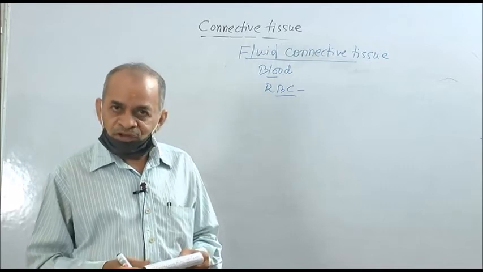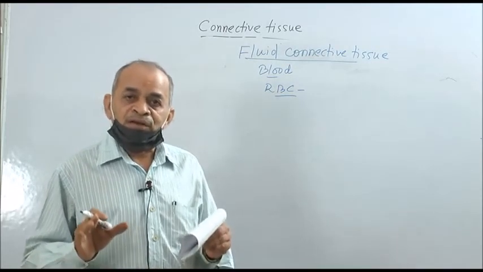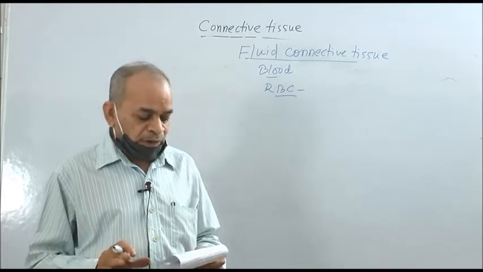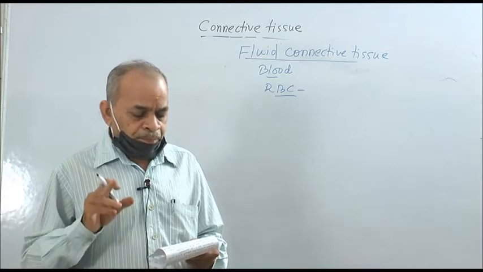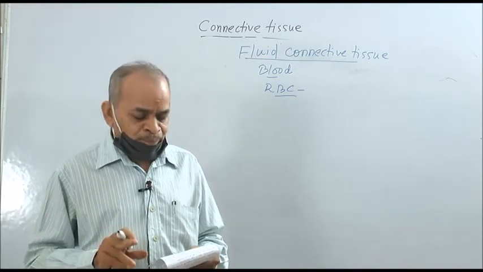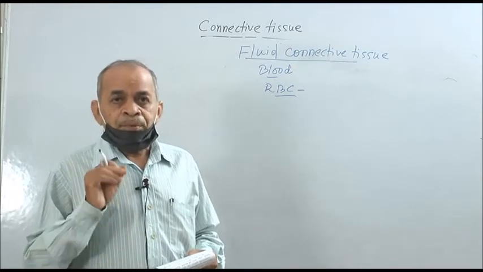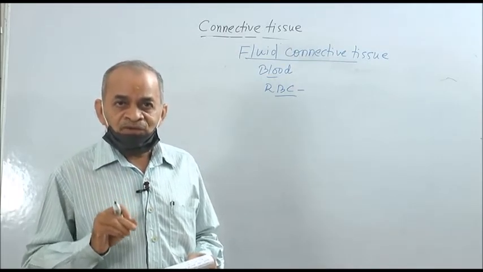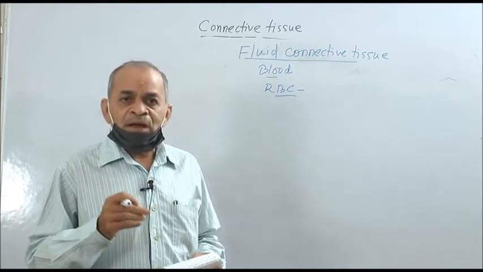Then WBCs, white blood cells. Here the cells are nucleated, there is a nucleus, and the function is to protect the body against microbial infections, meaning bacteria and viruses.